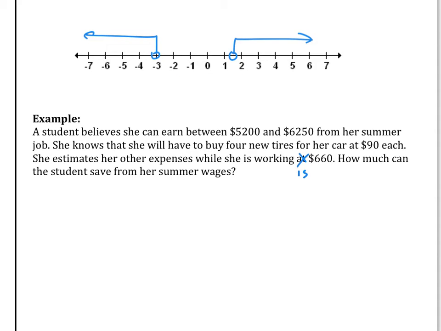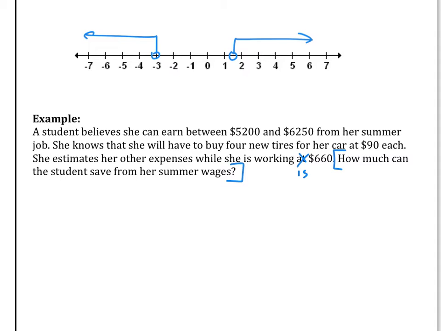Okay, so let's try to set up this question. This one says, how much can the student save from her summer wages is basically X, which is how much she has left over from her earnings minus the expenses. So we kind of have to think about what is going on.